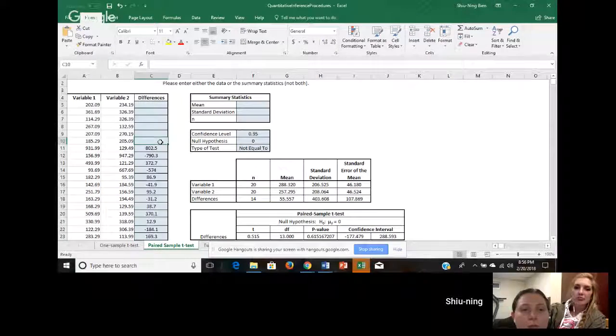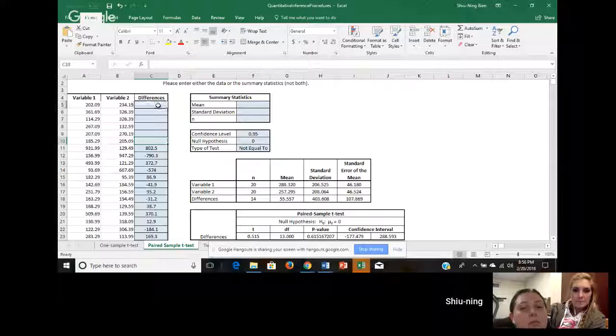Yeah, so I think it has the equations already in there, so the differences should show up, but when you delete it, then it'll delete the equations as well. But you can just put equals A5 minus B5.